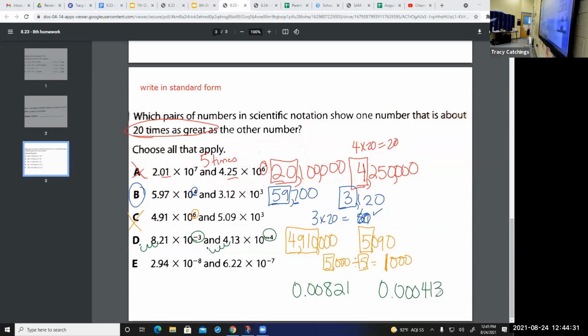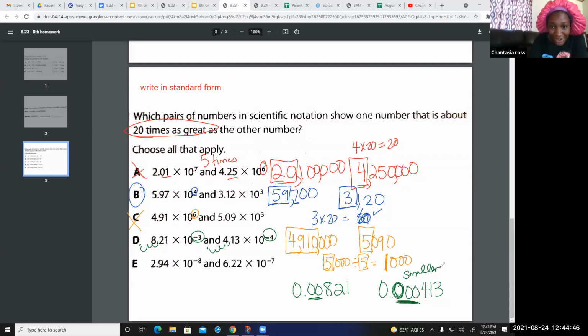All right, about very small numbers that you may not have known: the more zeros it has, the smaller it is. But we'll still use that same approach to compare.